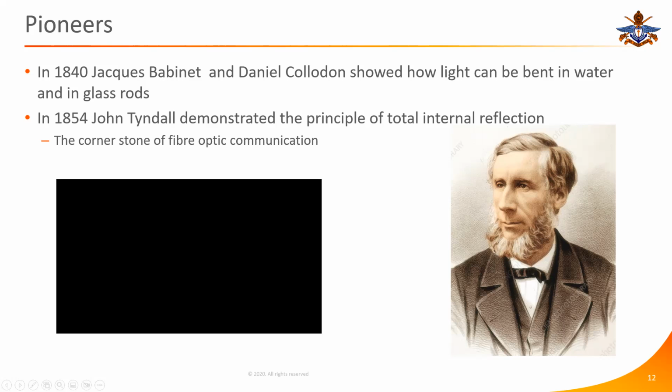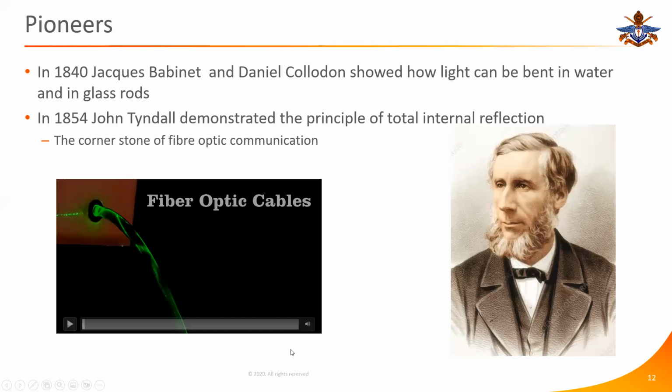The real pioneers who started the ball rolling in terms of fiber optic cables were Jacques Babinet and Daniel Colladon, who saw that light can be bent through water, and so through glass rods as well. Then this guy here is John Tyndall.